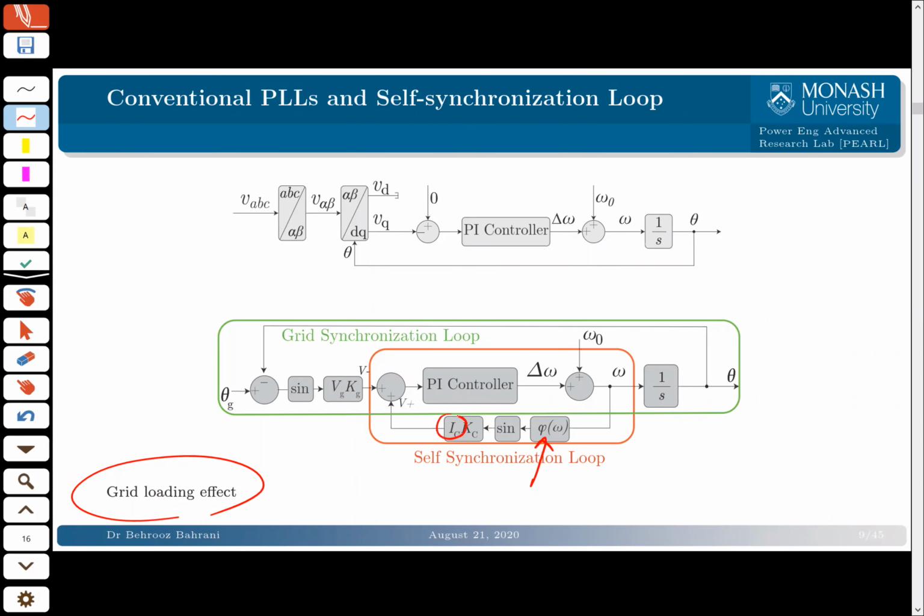And here, this is the converter current. So the higher the converter current is, and the higher the impedance of your grid is, the impact of this self-synchronization loop will be more pronounced, and you have some sort of positive feedback loop, which can lead to instability in your system. So this is the reason why you will have difficulties connecting to the grid when you've got a grid following inverter.